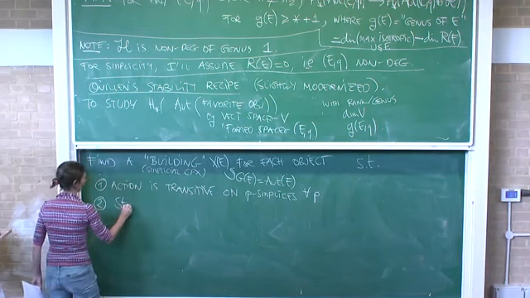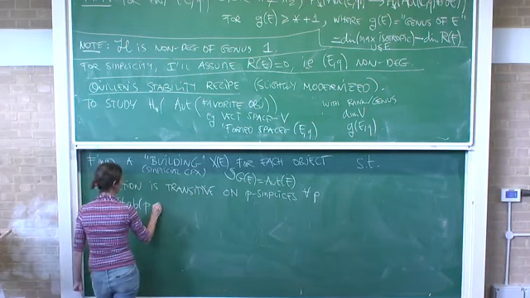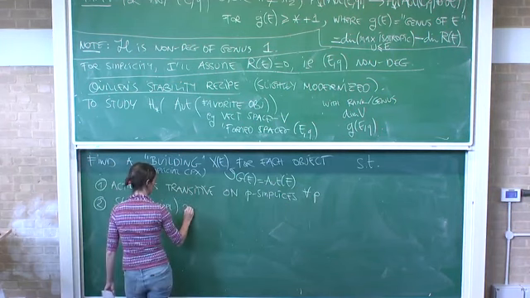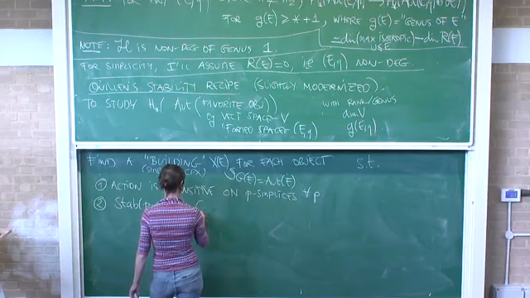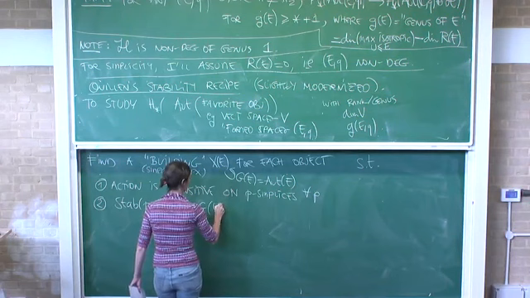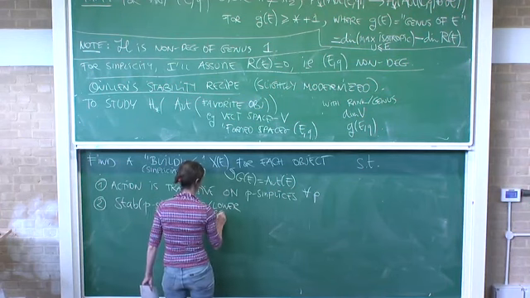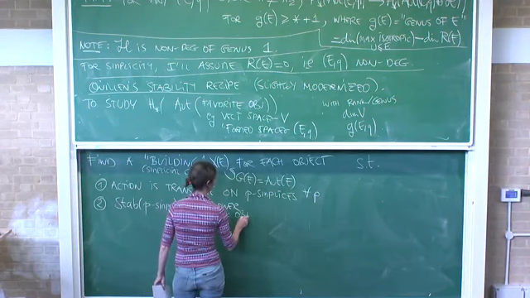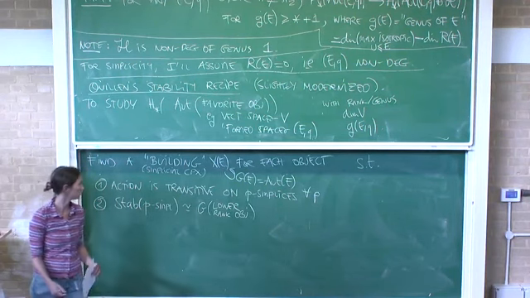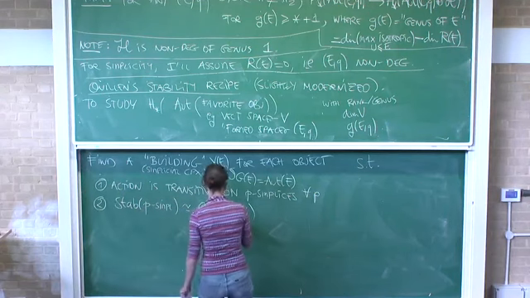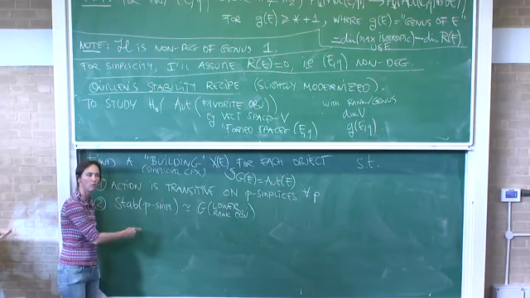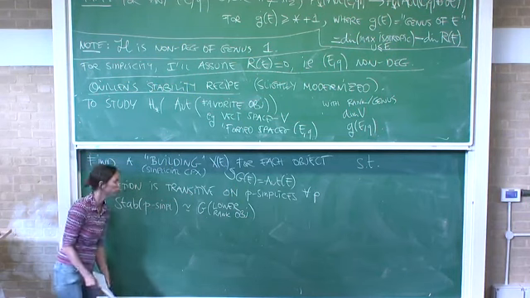The stabilizer of a p-simplex should be something like just G of the lower rank object, the automorphism group of a lower rank object. This will allow you to do an induction. Maybe something of rank your original rank minus p minus 1, that would be the most obvious.